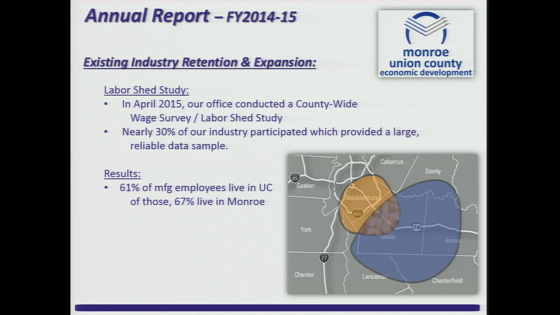One of the things that we found out that was actually a little bit surprising to me in a good way was 61% of the manufacturing employees actually live within the boundaries of Union County. When I worked in York County, we did these studies before, and it was around 52, 55%. So it shows how much of what we're doing to bring companies in, the actual labor force is staying here or moving into this area.